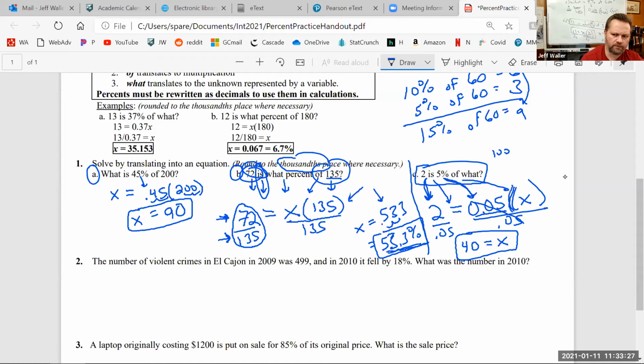I don't know, so that's going to be X. So I read this as 2 is 5% of something. This is what the equation looks like in English, and this is what it looks like in Mathish. Then, to get X by itself, I just divide by 0.05 because that undoes the multiplication. And then I just throw that in the old calculator.